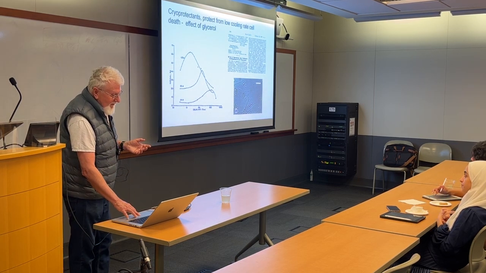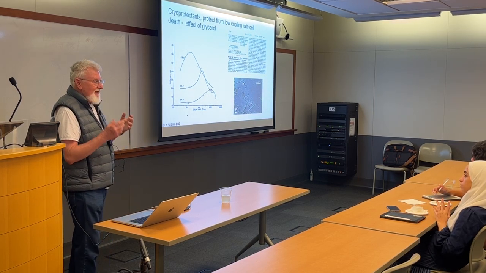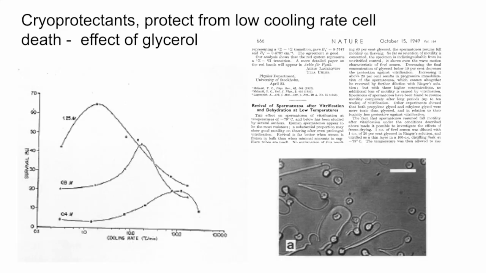Why does it happen? Well, the cryoprotectants enter the cell, most of them. They replace the water in the cell, and therefore they dilute the concentration of the salts because now you have glycerol inside the cell and you have glycerol outside the cell.